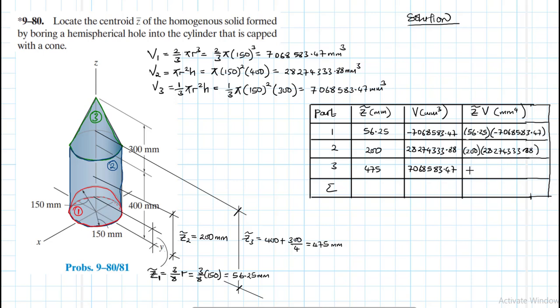The other one is 475 product with 7,068,583.47. Okay, let's do that.